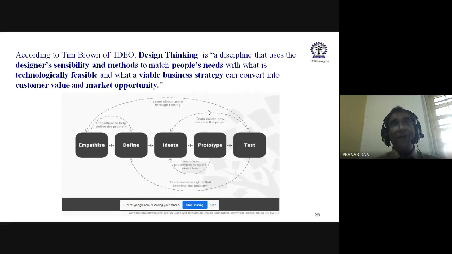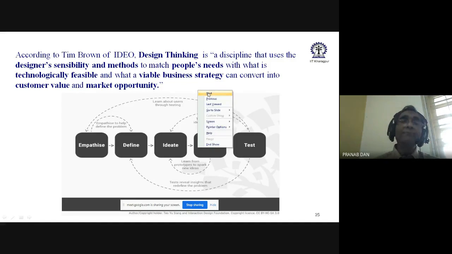Empathize, define the problem, ideate, develop the prototype, and test in the market. And then it is not a linear model, it is a back and forth, so it is an iterative model. So therefore there are so many arrows, but these are the steps which would help in reaching the final goal through the design process. Next, please.